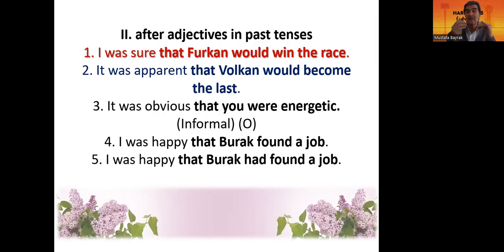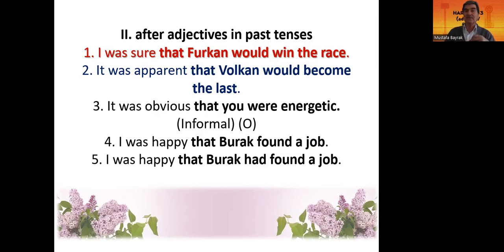I was happy that Burak found a job. I was happy that Burak had found a job is also possible, because you became happy after Burak had found a job.